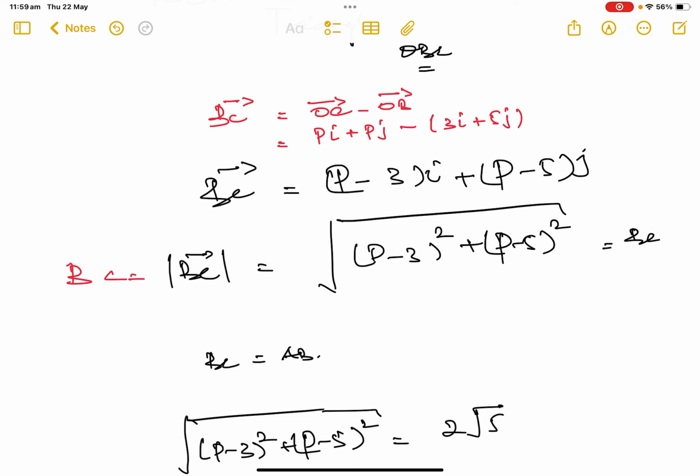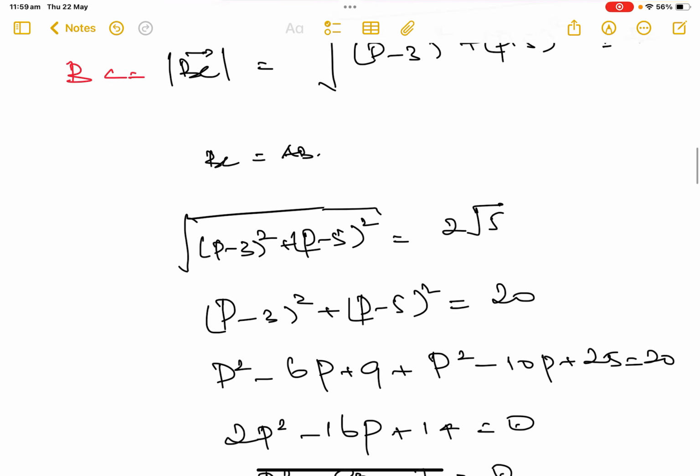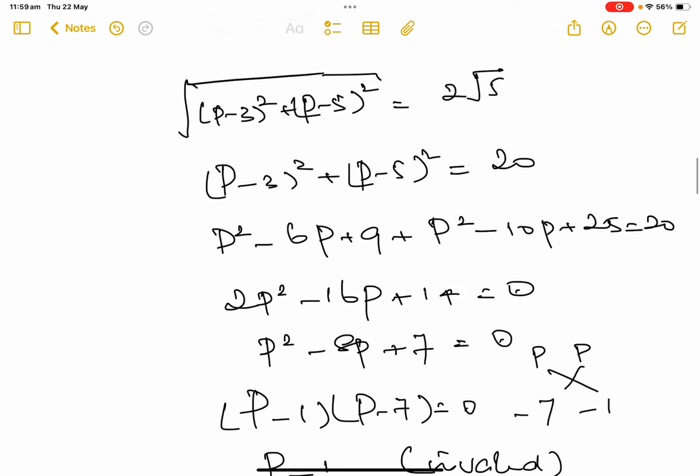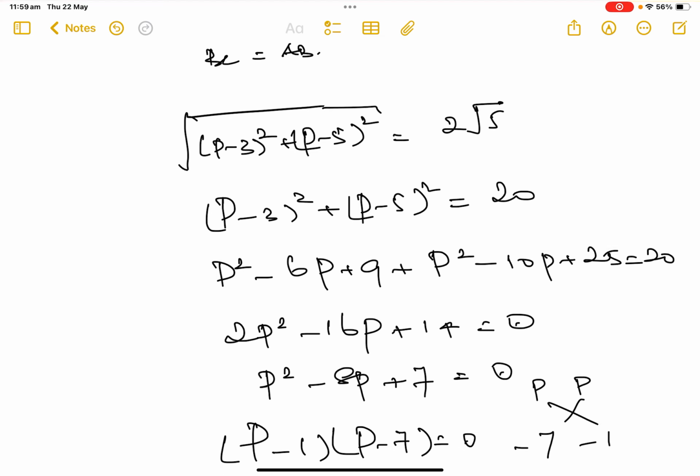That is BC. But we've been given BC equals AB. So equate that: the square root of (p minus 3) squared plus (p minus 5) squared equals, and AB we already found, 2 root 5. Then square both sides: (p minus 3) squared plus (p minus 5) squared equals 20.